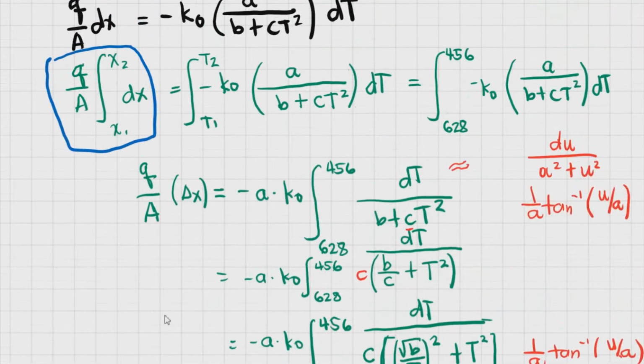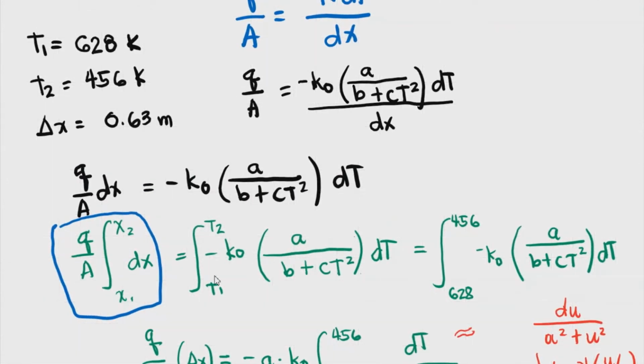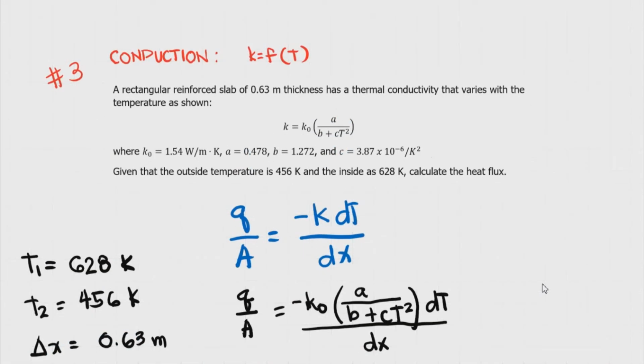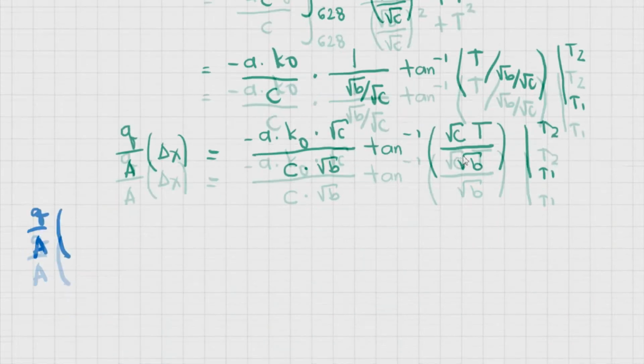So going back to the problem, we have 0.63 for our delta x, and then we have 0.478 for a, for b 1.272, and then for c 3.87 times 10 to the negative 6. So we need to remember those, and of course k sub o is equal to 1.54. So we need to remember those values para masubstitute natin siya.